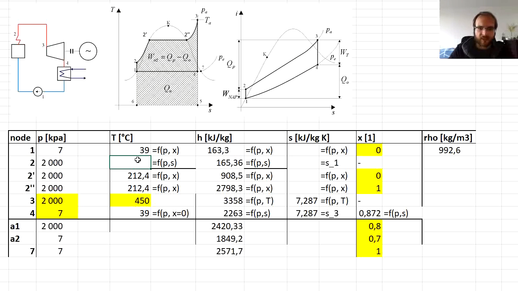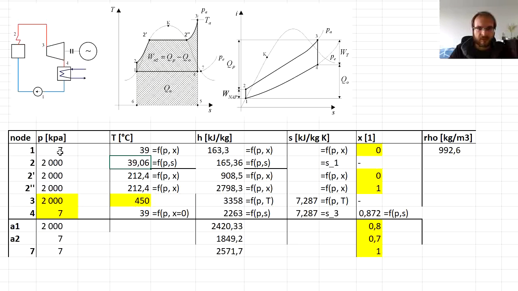However, if we get the exact value, we will see that the temperature would just rise very slightly to 39.06. So we can see that the temperature rise is merely negligible and actually much smaller than what we would expect from applying the ideal gas relation.